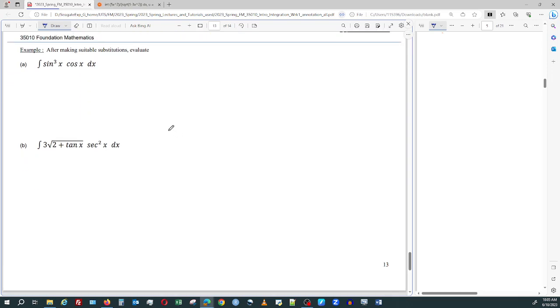Okay, so what are the derivatives and what are the functions? Pre-work might help encourage you to recognise that this thing is sine x all cubed, cos x dx. Now the differential of sine is cos, so even though it's in the brackets, we can let u equal sine x.